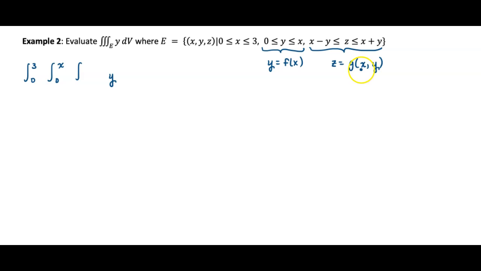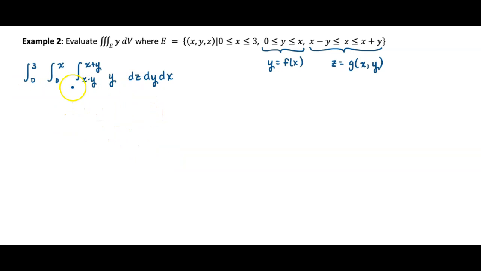And z is a function of x and y, so it must be on the inside. So z is going to go from x minus y to x plus y. All right, so this gives me dz, dy, dx. So now I can start to evaluate.